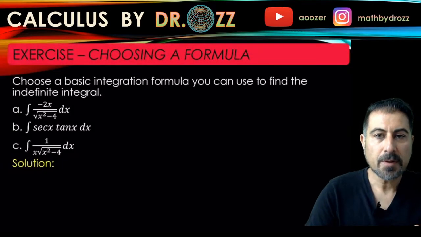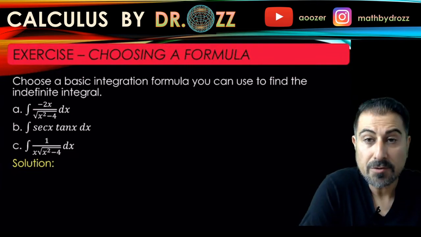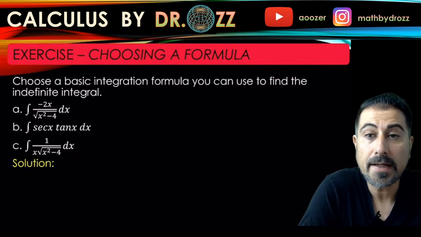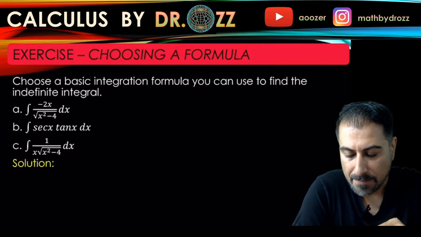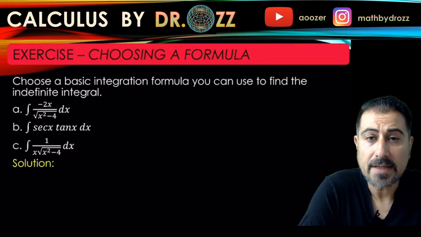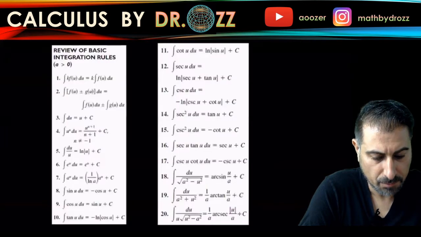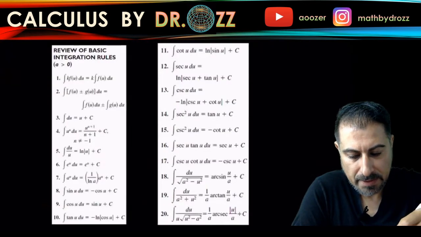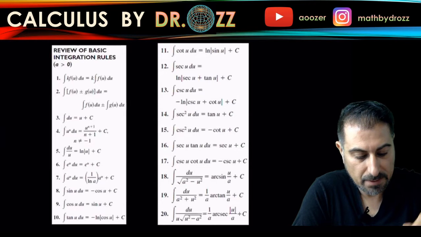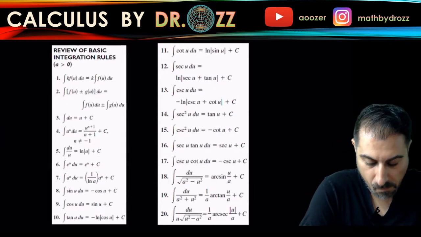All right, let's start with part A. We have negative 2x divided by radical x squared minus 4. We have the formulas listed right here, so we're going to pick the most relevant formula for our case.